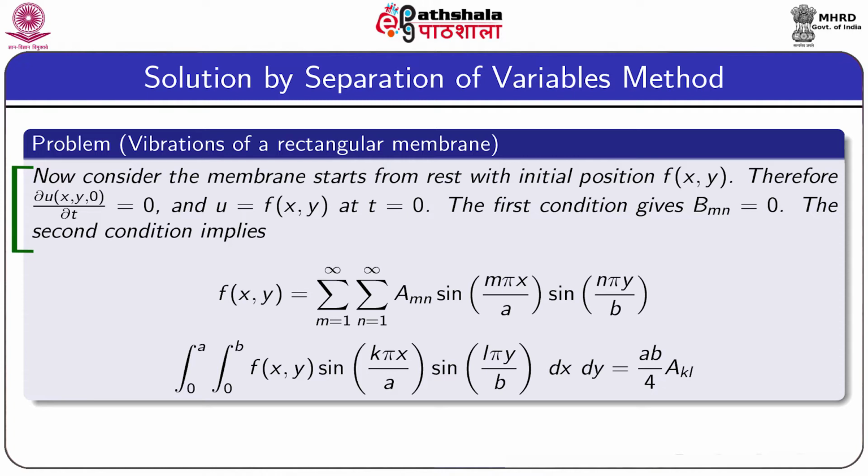Now, we consider that the membrane starts from rest with initial position f(x,y). That means, u is equal to f(x,y) at time t equal to 0, and the velocity, that means del u by del t at time t equal to 0, is also 0.